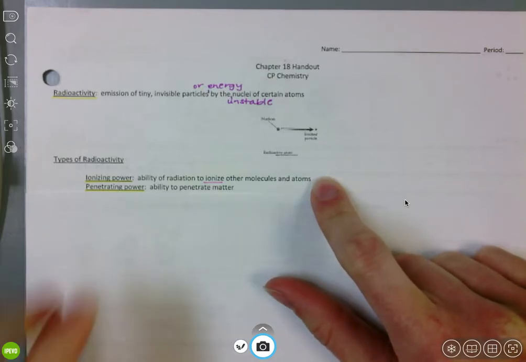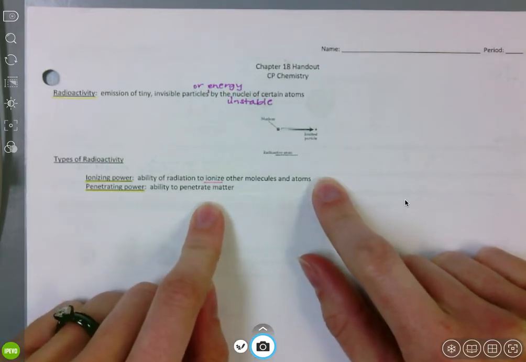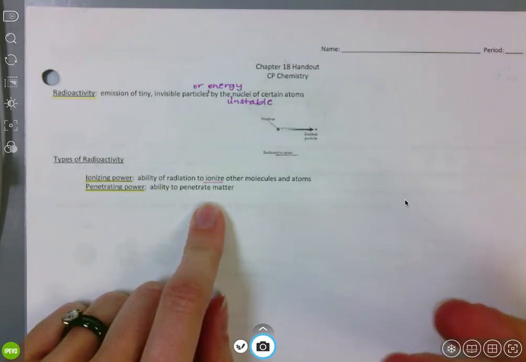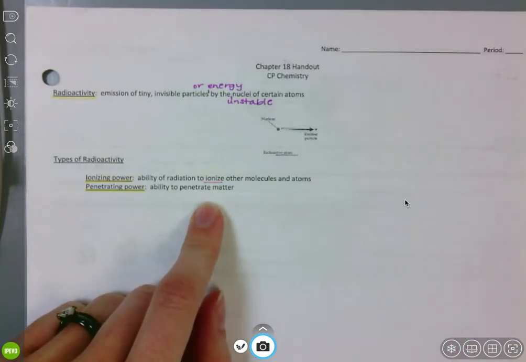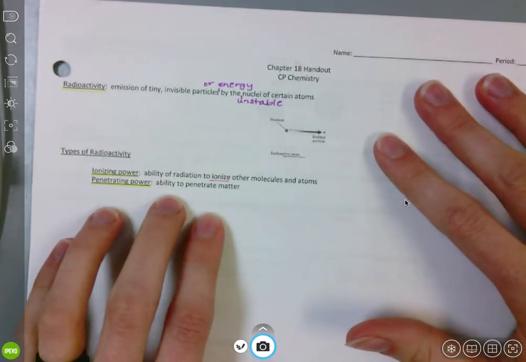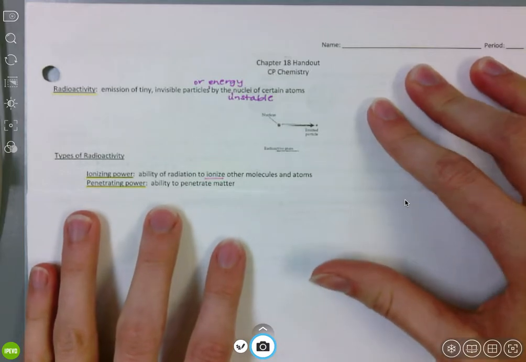That's what ionizing means. Penetrating power is the ability to penetrate matter. So is it going to bounce off something? Is it going to pass halfway through the thing? Or is it going to penetrate all the way through that object? So we will talk about each of those and how they pertain to our types of radioactivity.